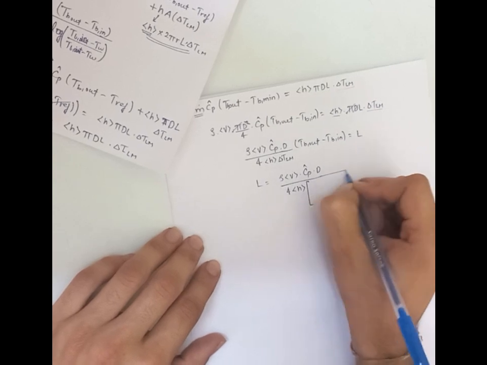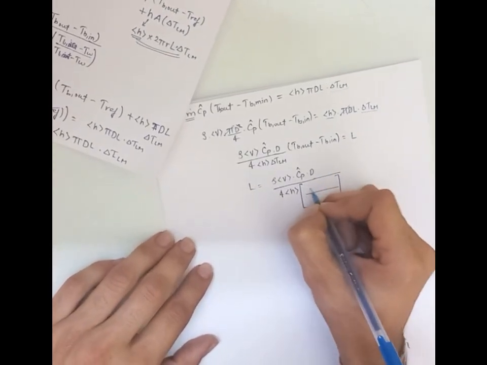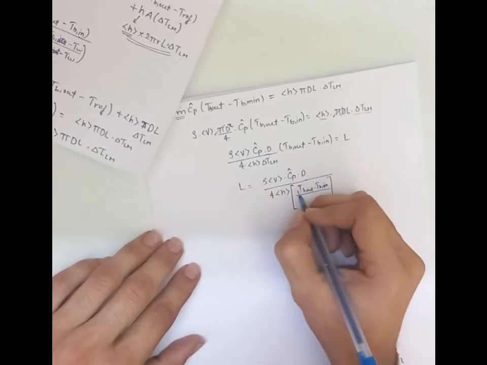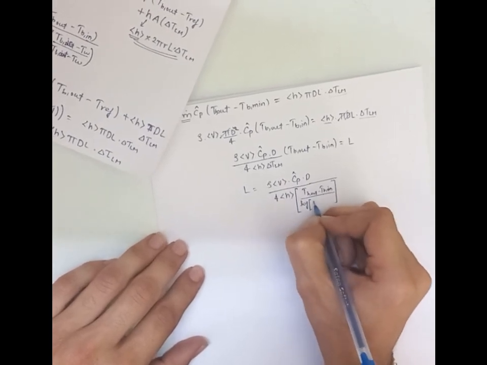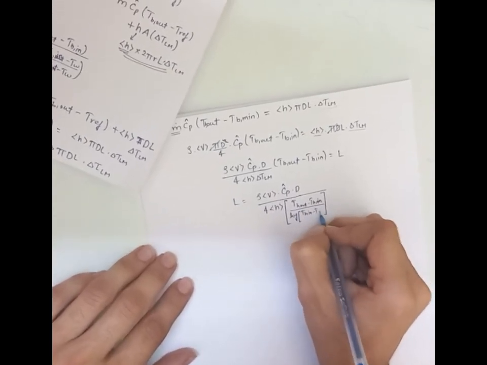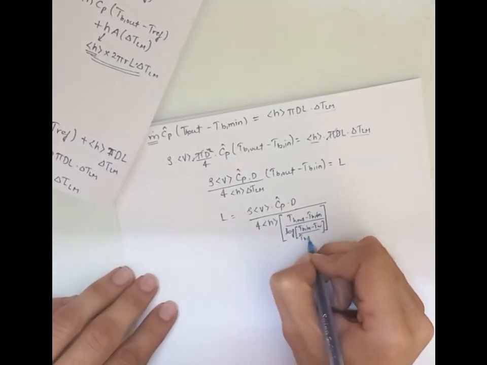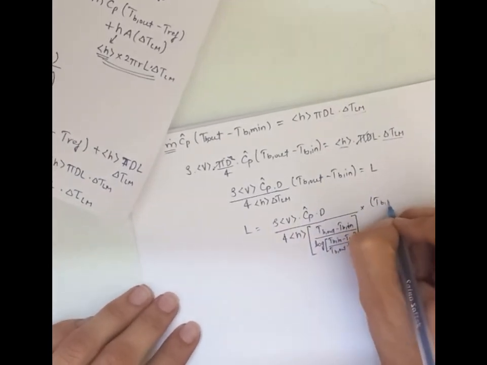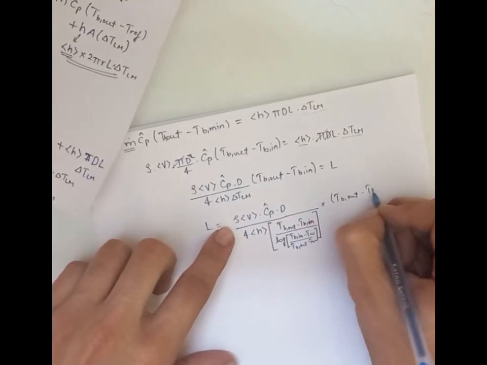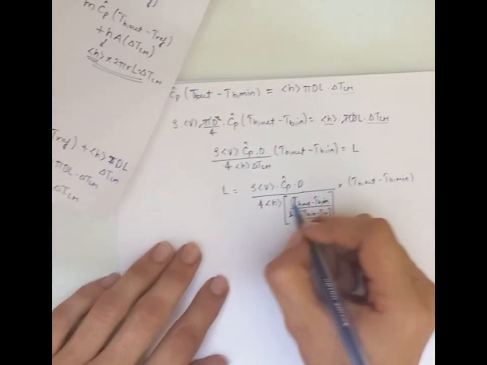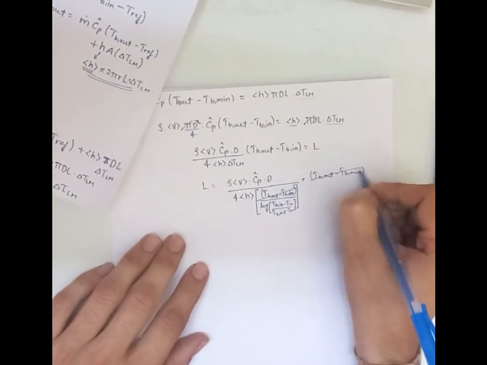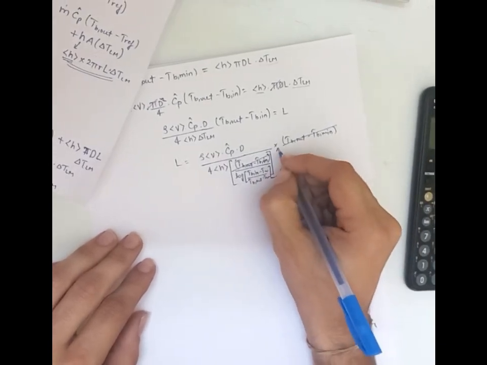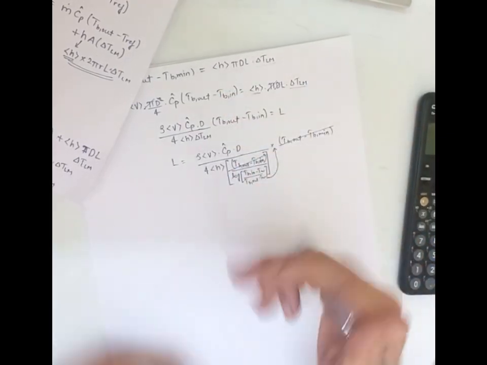So in the bracket we're going to write TB out minus TB in, and the log of (TB in minus TW) over (TB out minus TW), and here we have TB out minus TB in. Now we know that in this bracket this term and this term are the same, so we can cancel them. And this logarithmic term will go to the top side, because this is 1 upon log, so the reciprocal of that will go to the upper side.